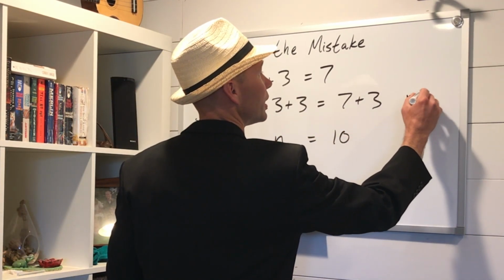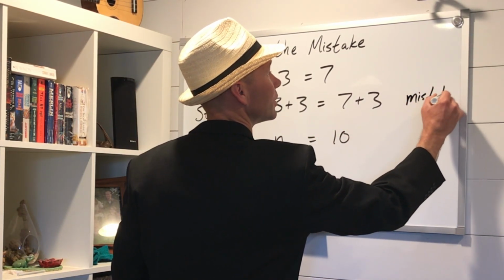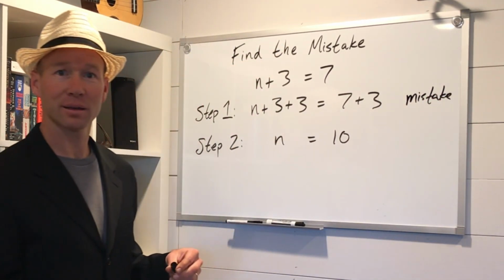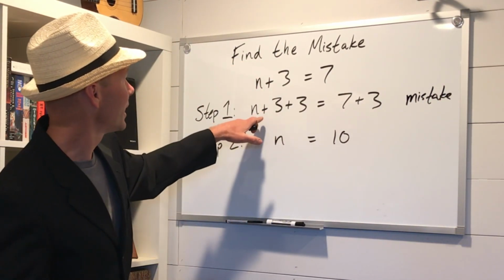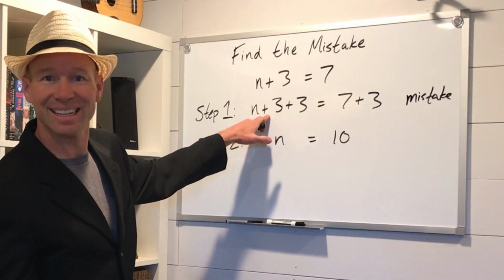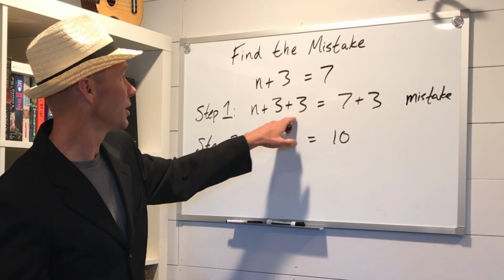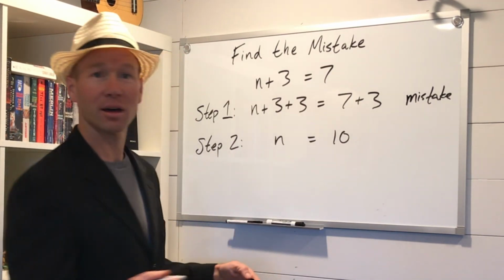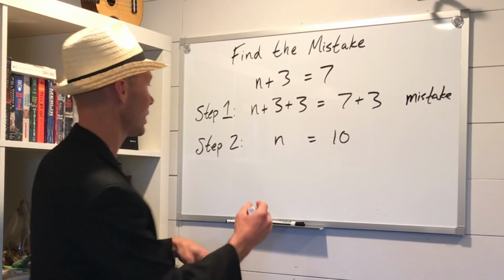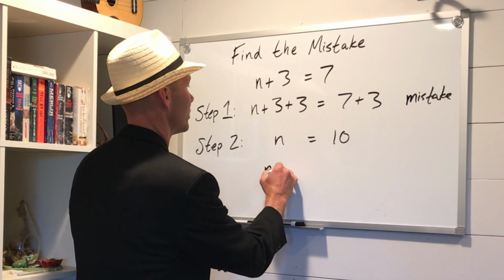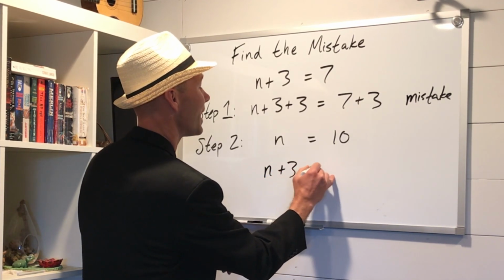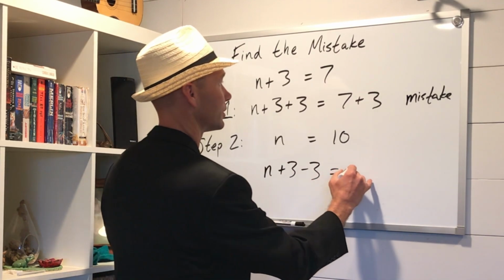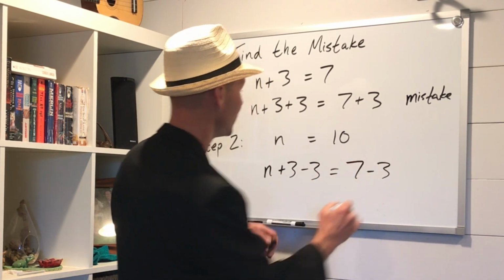So we can write mistake. And what was my mistake? That's right. The opposite of addition is not addition. The opposite of addition is subtraction. So instead of adding to both sides, I should have said n plus 3 minus 3 equals 7 minus 3.